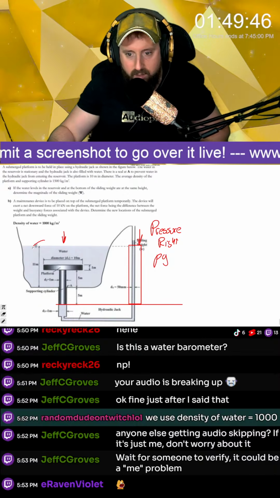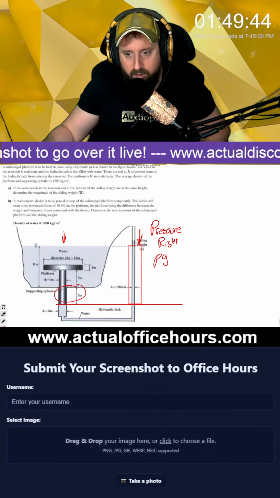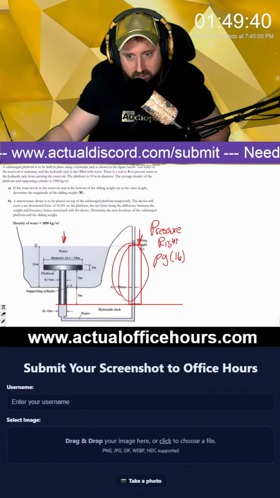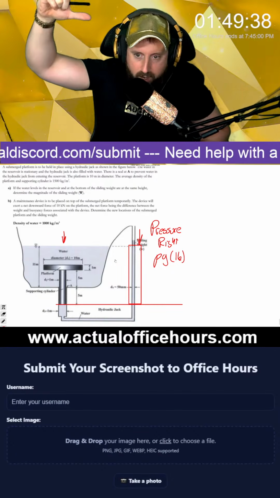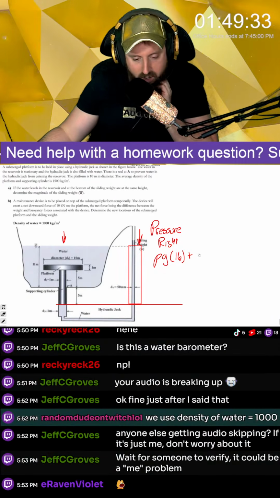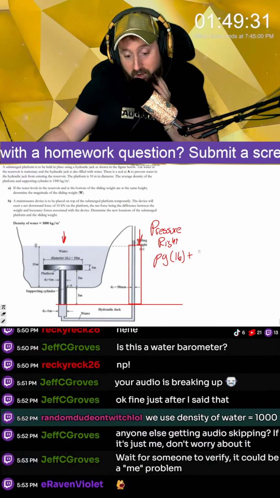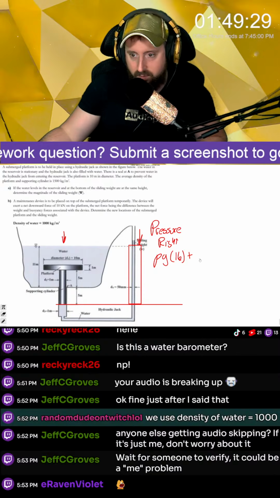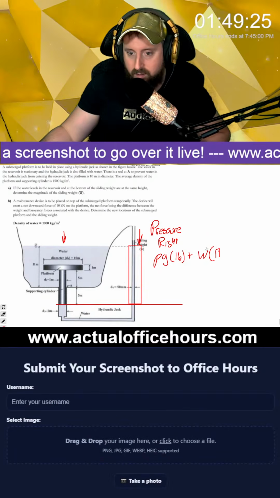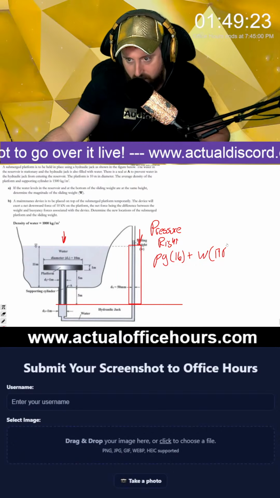In that case, that's 11 plus 5, so that's 16 meters. That's the pressure due to the height of the water column. And then plus, pressure is force times area, so that's the sliding weight times pi r squared.